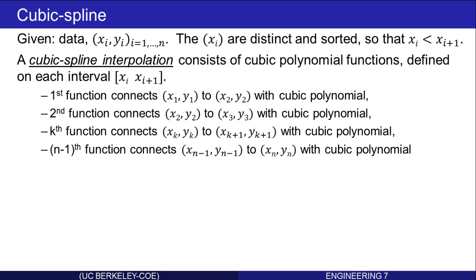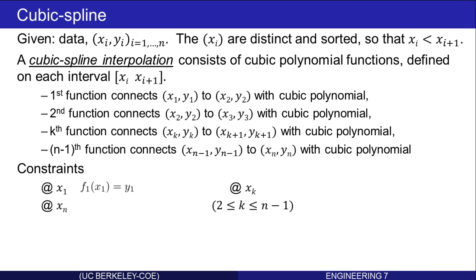So what degrees of freedom are we adding with the cubic polynomial? Well, there are a bunch of constraints. At x1, the first polynomial must evaluate to the data point y1. At the intermediate points, xk, k equal 2 up through n minus 1, the polynomial to the left of the data point must evaluate to the data.